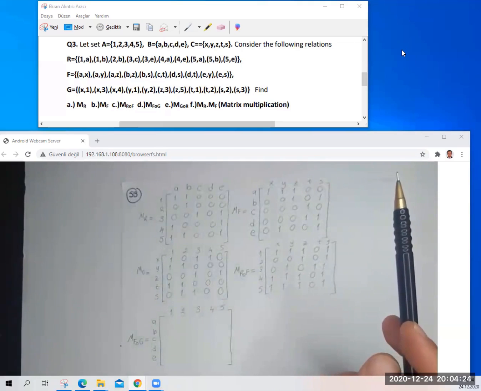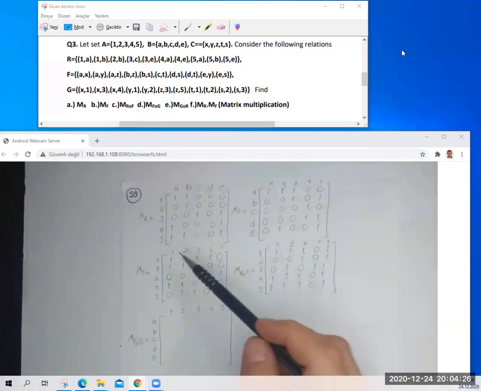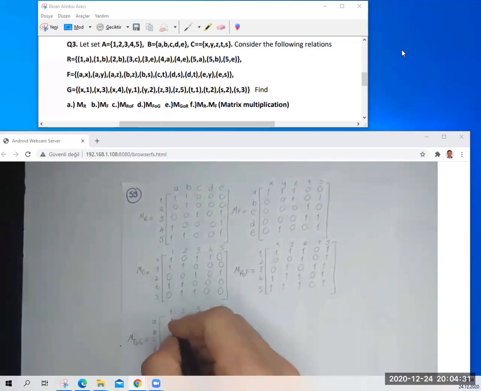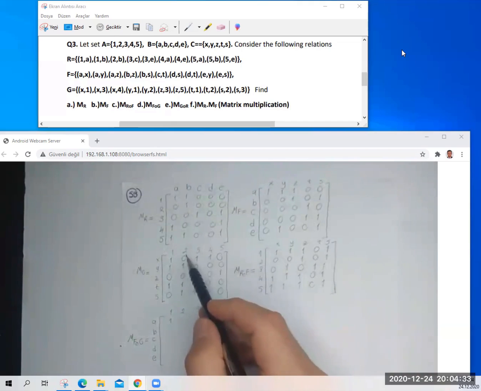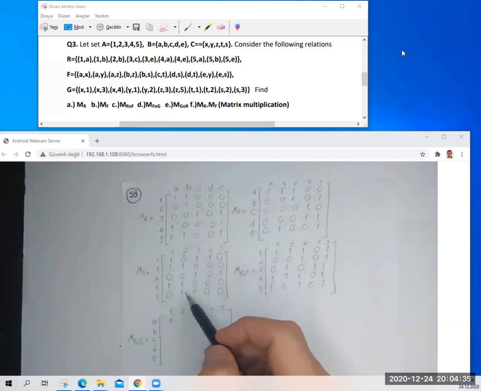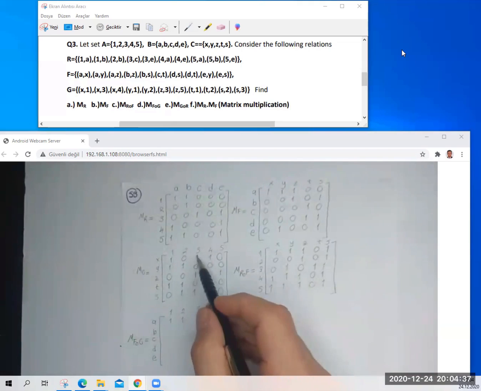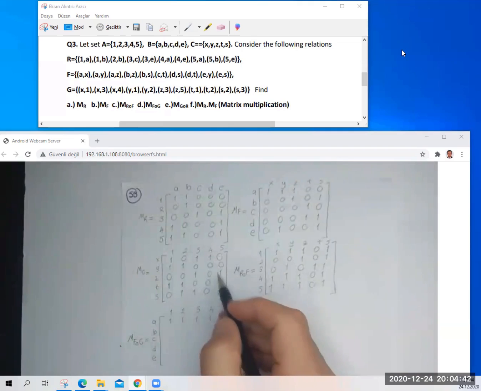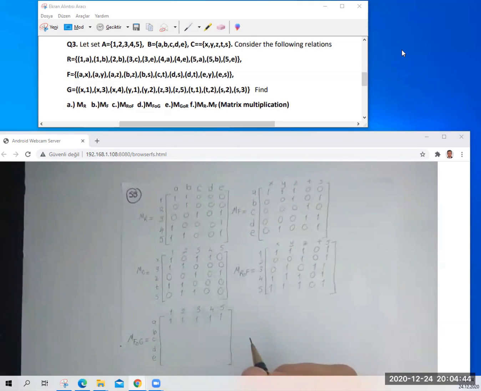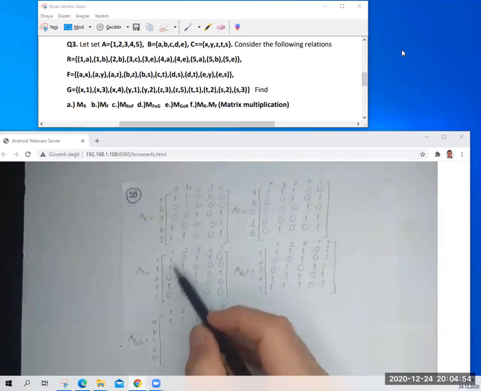So F to G, I will multiply the first column here as a 1, and the second one again 1, and the third one 1, and 1. I want that one as a 1. So this is the F to G first row.